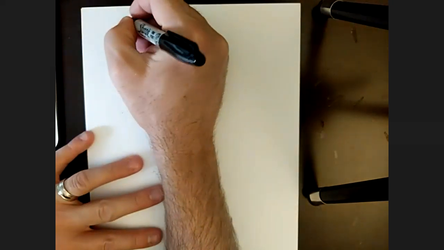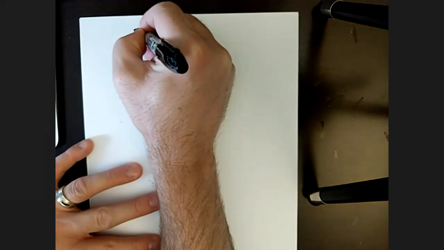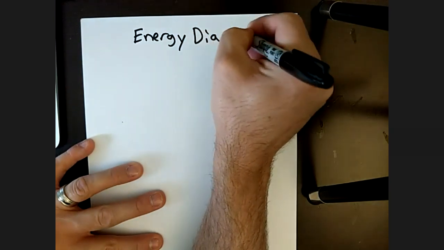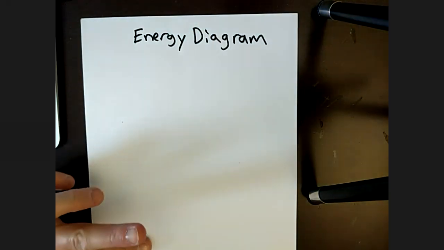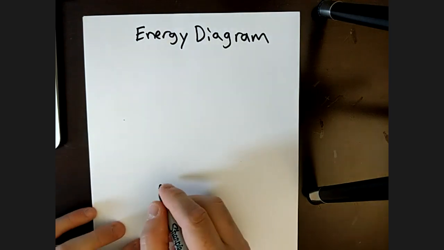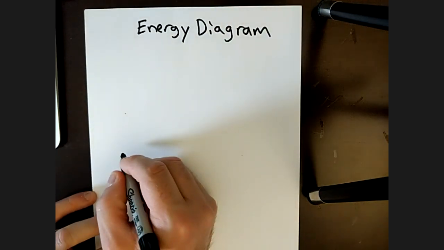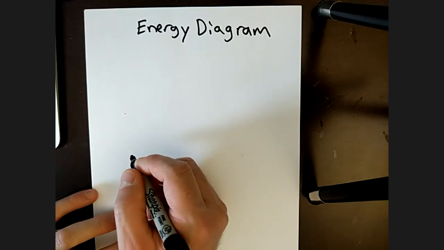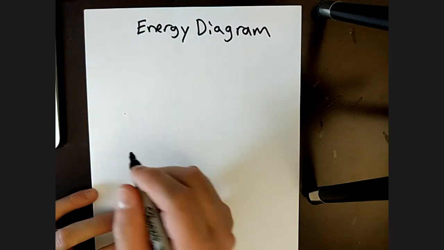Now, another way that this is generally done is via an energy diagram. If you're looking at this on a quiz or a test, usually professors don't put out the whole energy diagram because it eats up a lot of space.